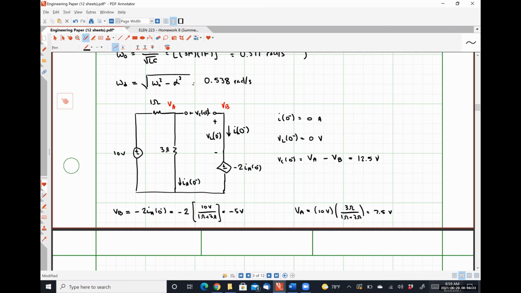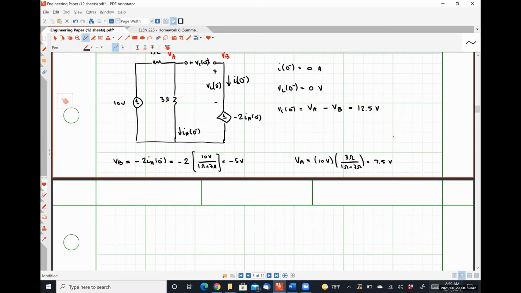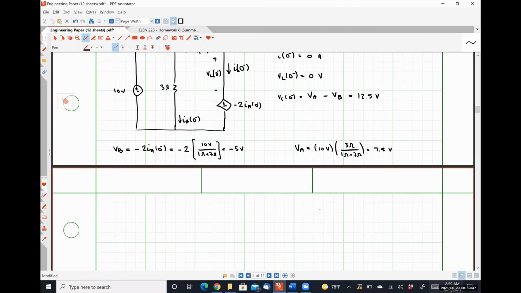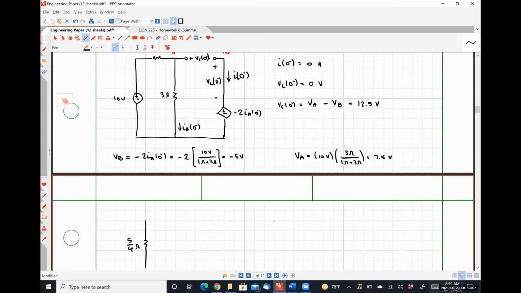All right, so this guy is analyzed at t is equal to 0 minus. At t is equal to 0 plus, now we can replace that ugly network with just a resistor, right? So effectively, we are going to have our resistor, which looks like 5/4 of an ohm connected to our capacitor, right?